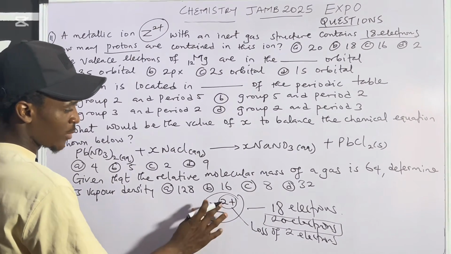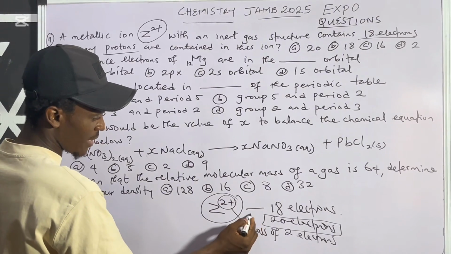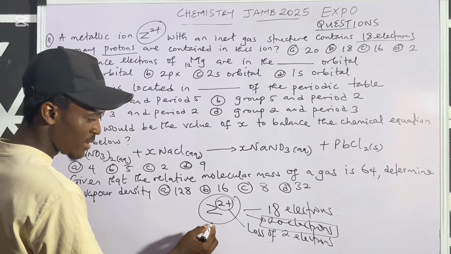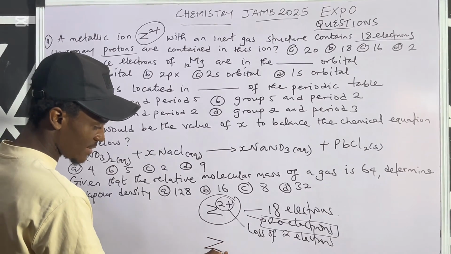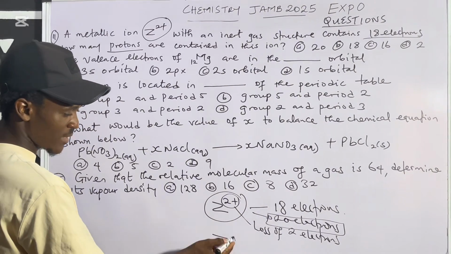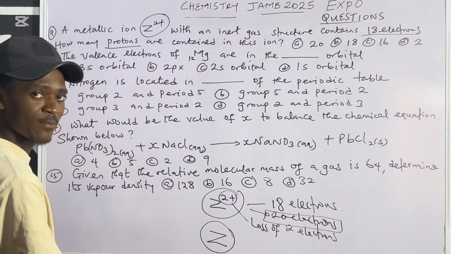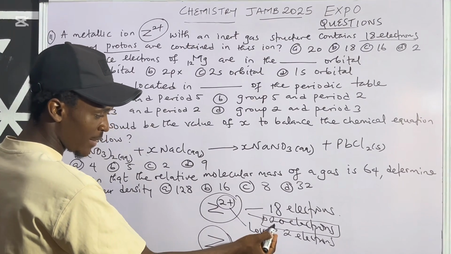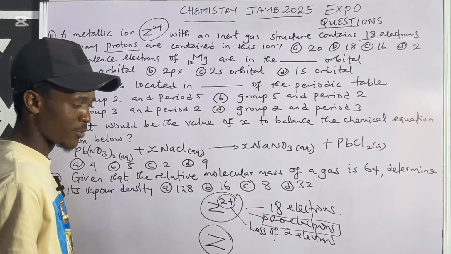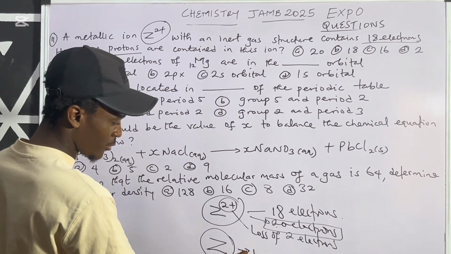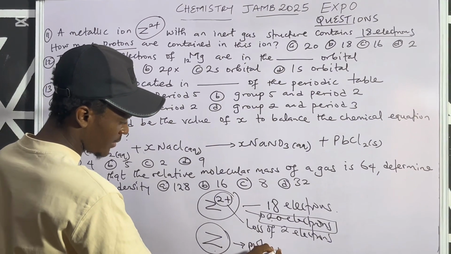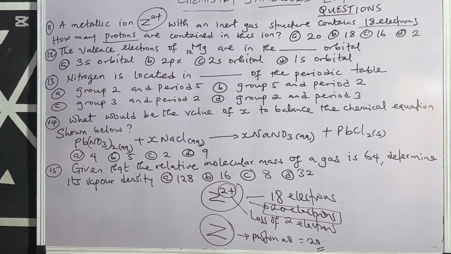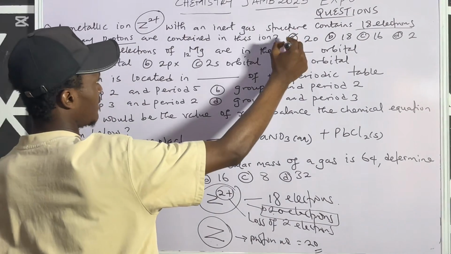So without this 2+, you are going to be having 20 electrons, and it simply means you'll be having Z as a neutral form of Z. And when Z is neutral, the electron number is the same as the proton number. So hence, the proton number will be 20. So the answer is option A.